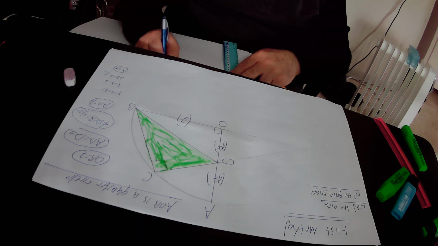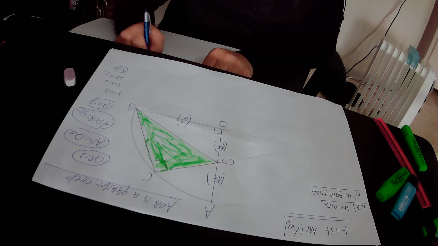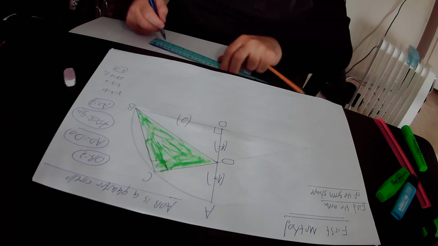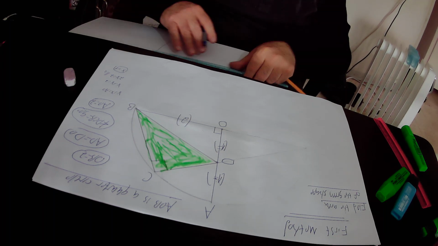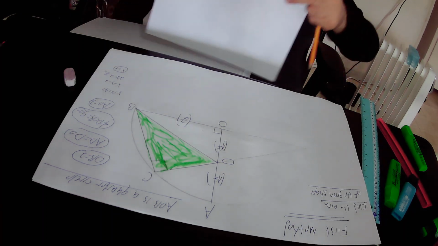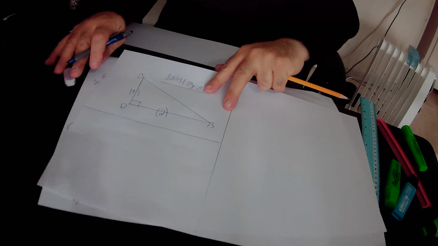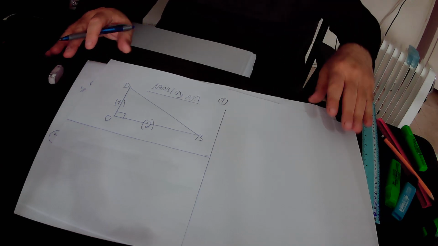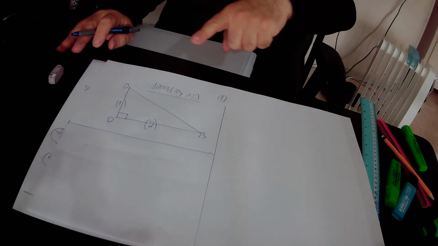Here PT is an abbreviation for Pythagoras theorem. This is the right triangle DOB from the original diagram.